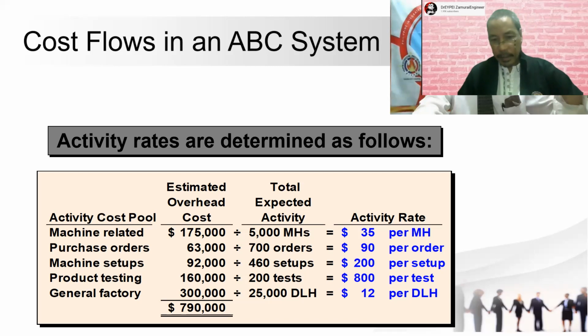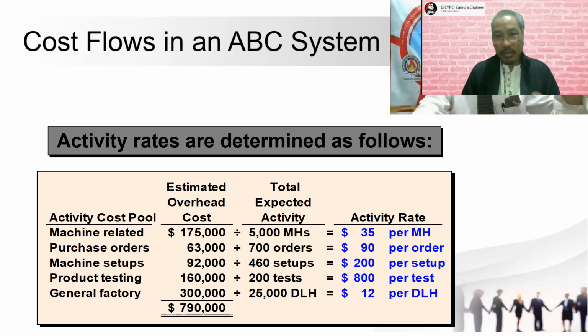Okay. And you will notice the highest value here that we computed is the product testing. That's why when we test the product, we do not test all of the product. We just test, for example, per 1,000, we only test 3 units.